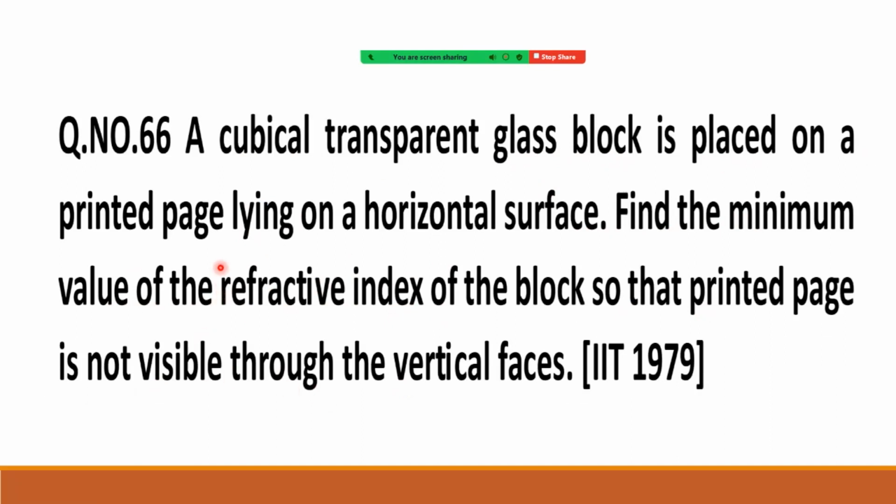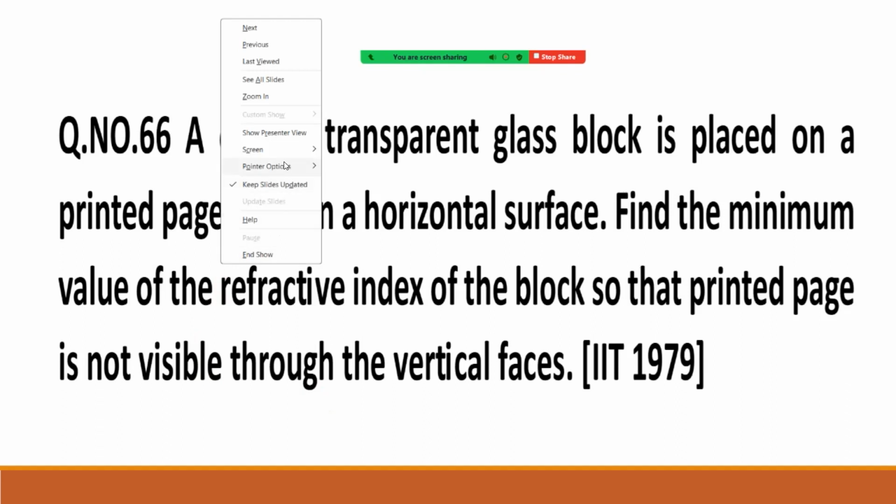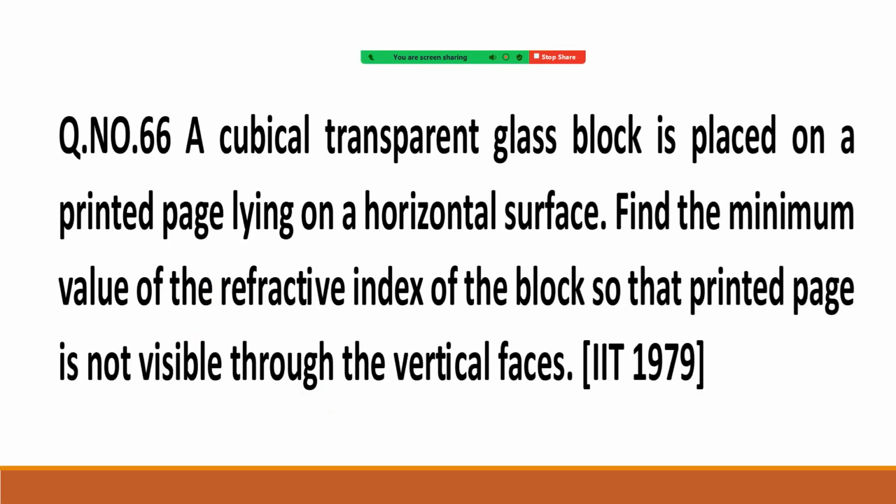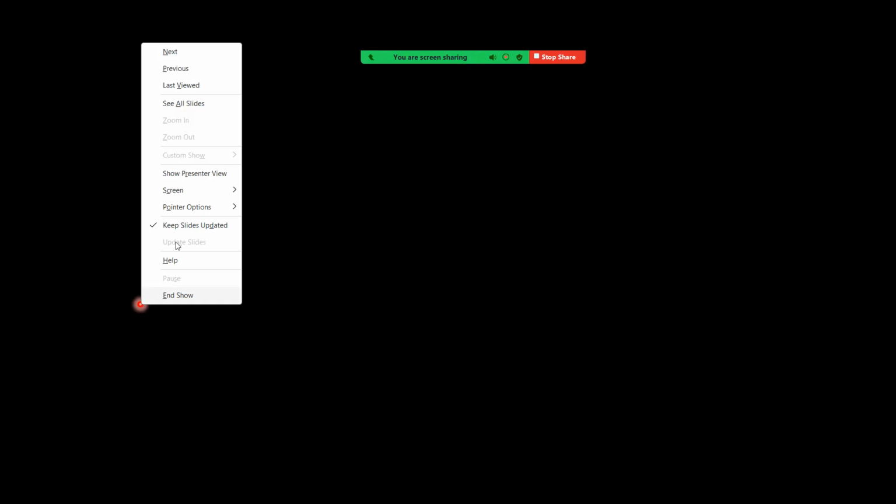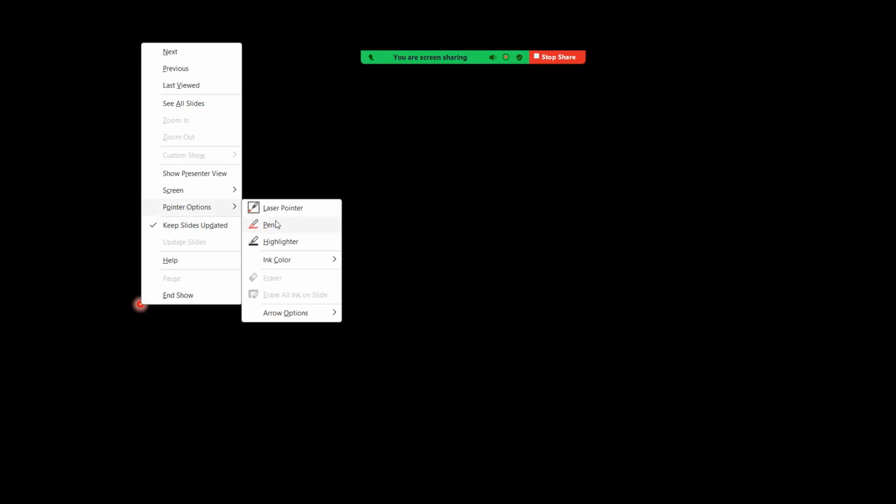Students, the previous question and this question both are the same. The only change is it was a cylindrical shape. This is now a cubical shape, except that the remaining is as it is. See once here, shape is now cubical. Placing on a printed page. So light rays, this is alpha.